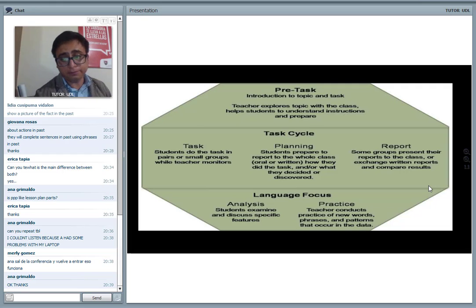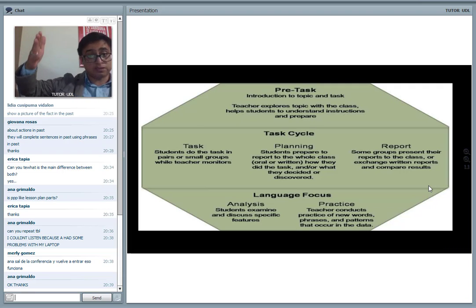Okay, yes? Very nice. After that, the students are going to plan to do the activity. They have to work together, right? And then, of course, after they have the results, they have to report. Maybe they have to write the results on a big paper, and they have to make a presentation in front of the others. That's the report part. Okay?